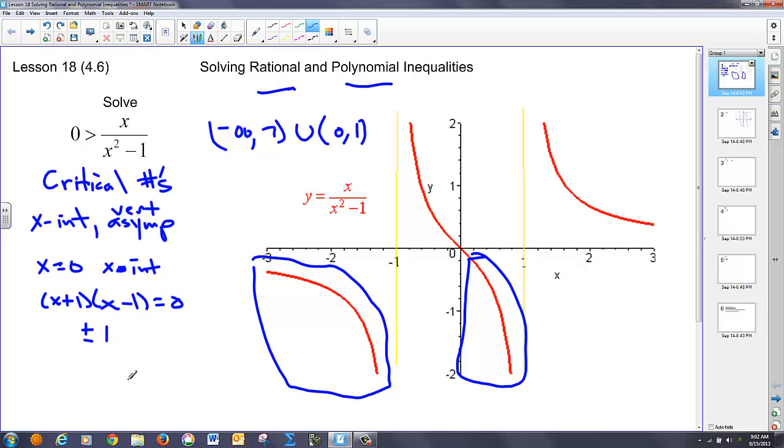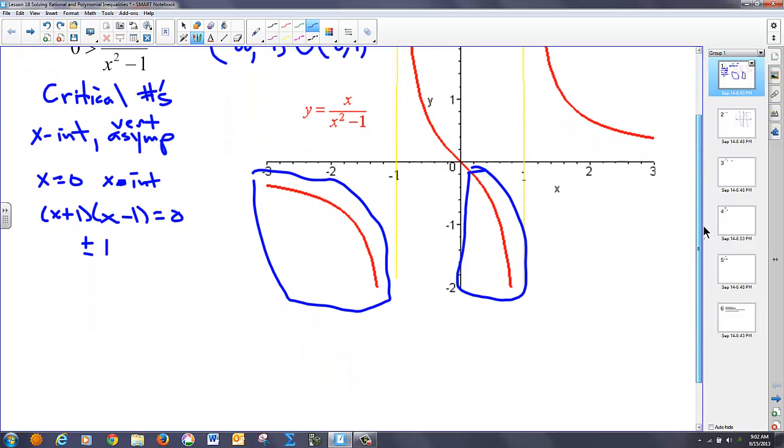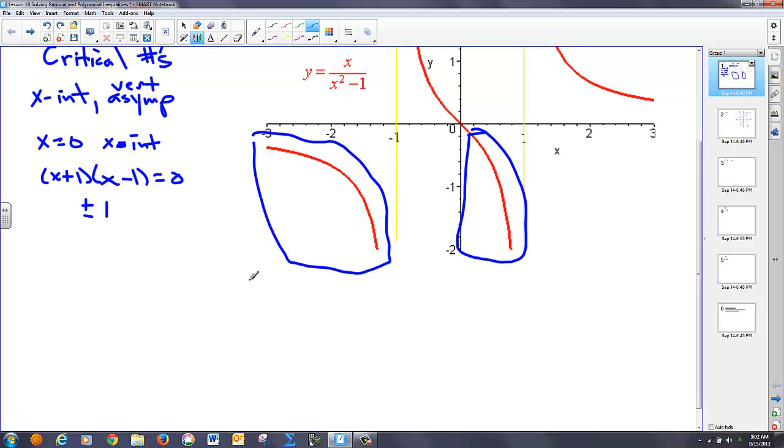Then what we're going to do is very similar to what we did with our quadratics. We're going to take those critical numbers, put them on a number line. So negative 1, 0, 1, and check the regions within those numbers and outside those numbers to see what kind of values are output by the function.